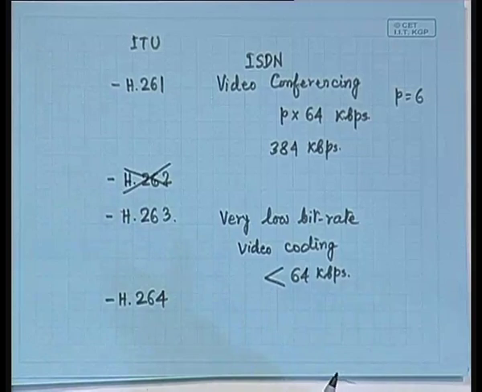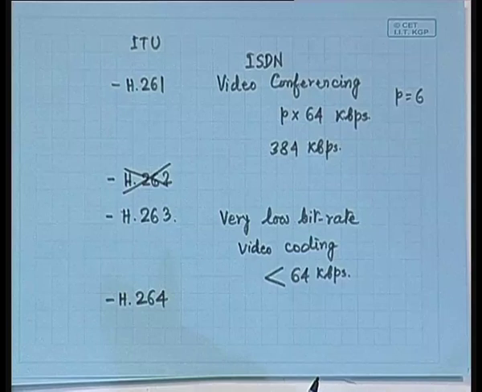This is the most recent of the ITU standards. And H.264 significantly outperforms the earlier standards, that is H.263, and in fact it has several very nice features, which I can tell you in the next class, because I need not tell you about all the previous standards.